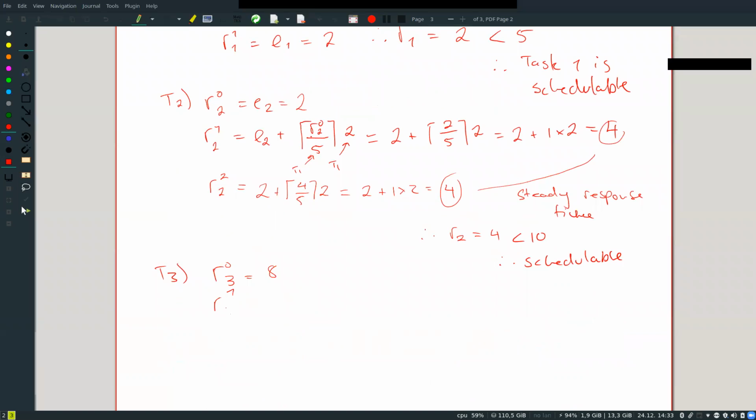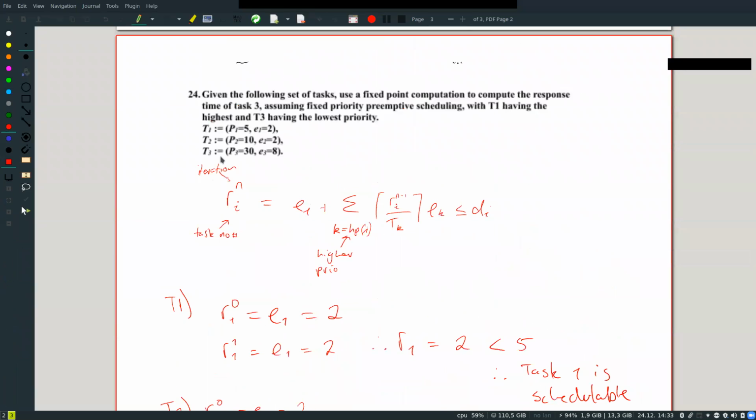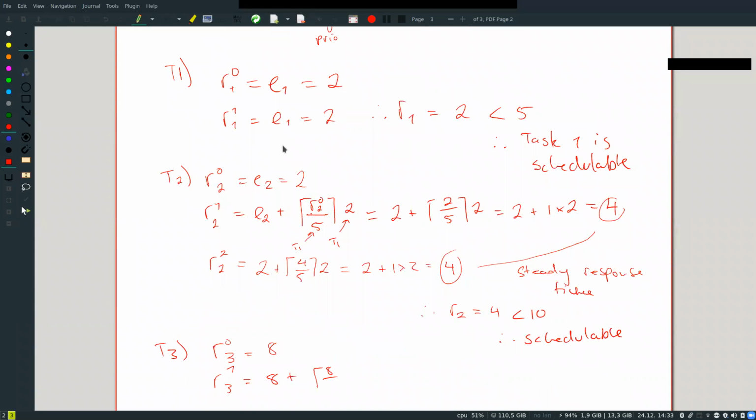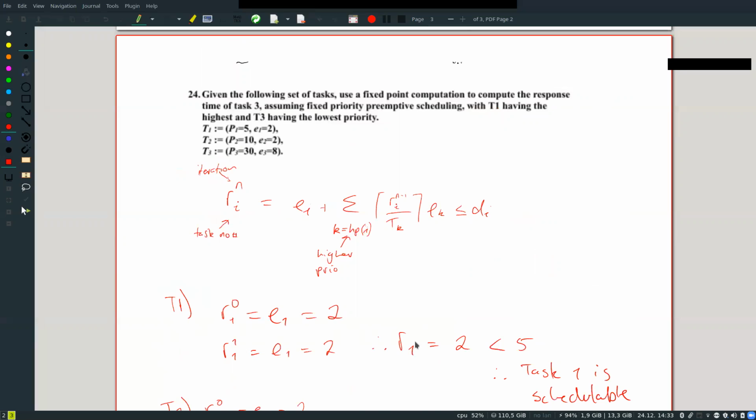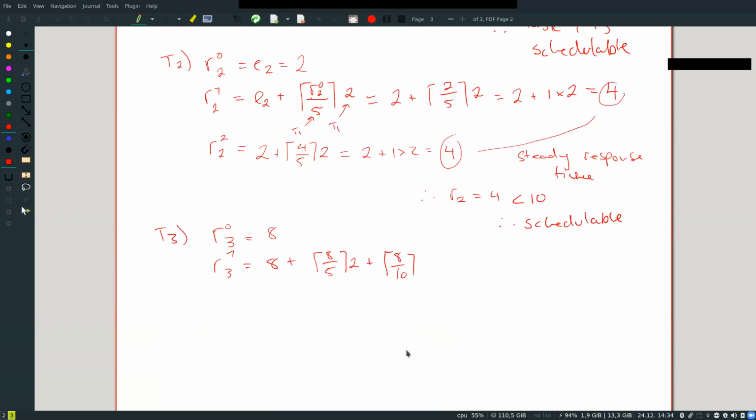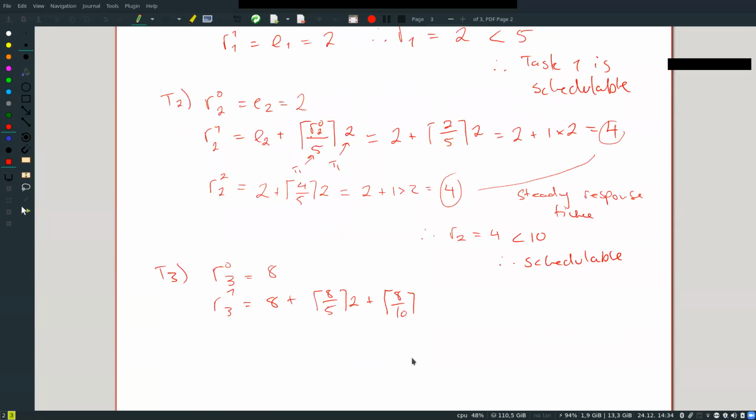So in the second iteration, we have 8 plus the ceiling of 8 over, and now here we have a larger set. Firstly, we'll start with task 1. So this means we have 8 over 5 multiplied by 2, plus task 2, 8 over 10 multiplied by 2.